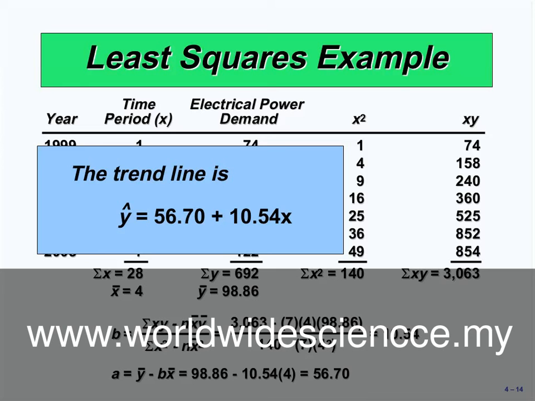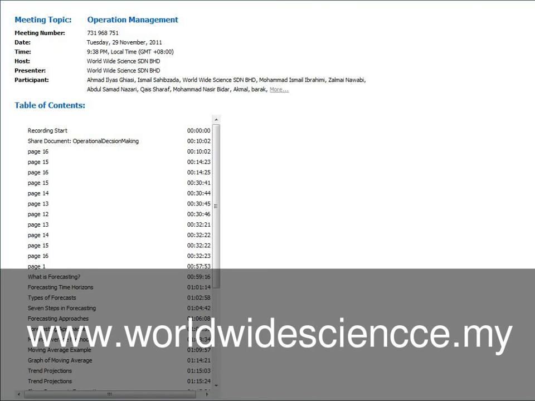Mr. Yossi, I passed the host to myself because I should share a slide. Okay, you can see the slide now, everybody. Months and sales. This is the same as the example.